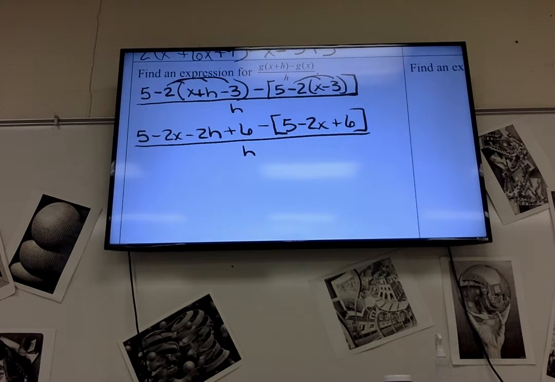And then we're going to distribute this minus sign. So 5 minus 2x minus 2h plus 6 minus 5 plus 2x minus 6.